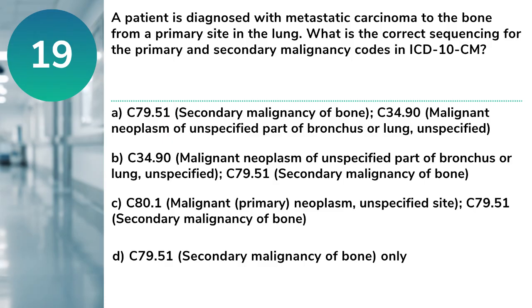B. C34.90, malignant neoplasm of unspecified part of bronchus or lung, unspecified, C79.51, secondary malignancy of bone. C. C80.1, malignant, primary, neoplasm, unspecified site, C79.51, secondary malignancy of bone. D. C79.51, secondary malignancy of bone, only.